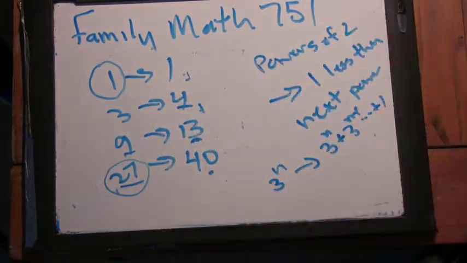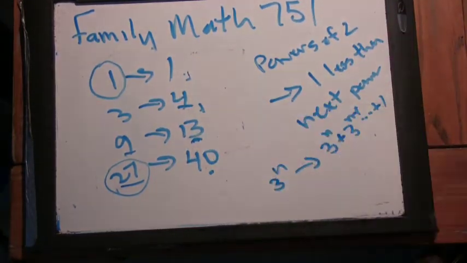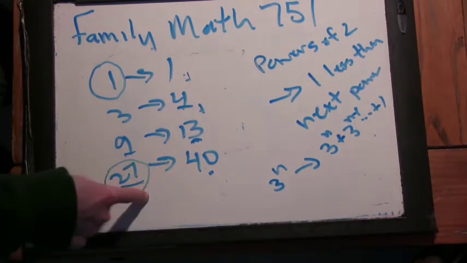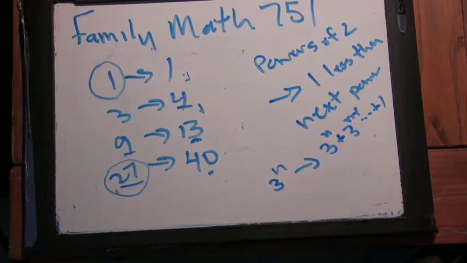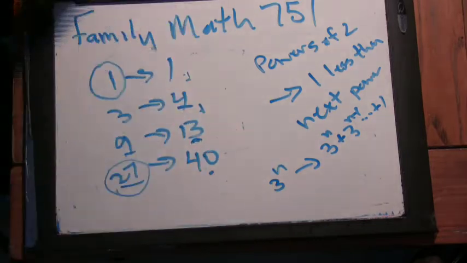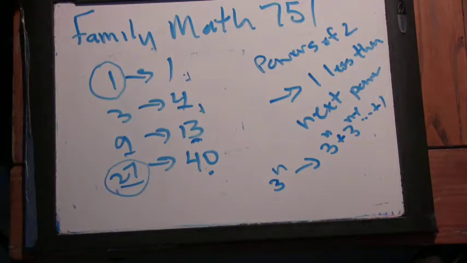So if we did the next one, we'd have 40 plus 41 is 81. So you might be some number and then some number plus 1 equals the next one.